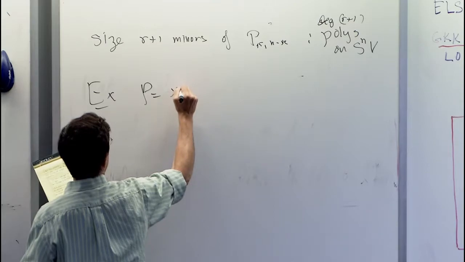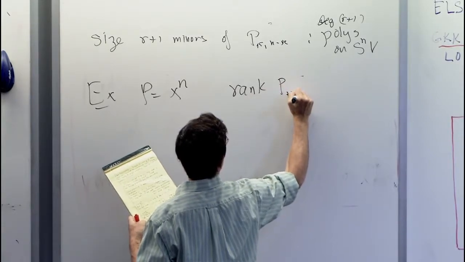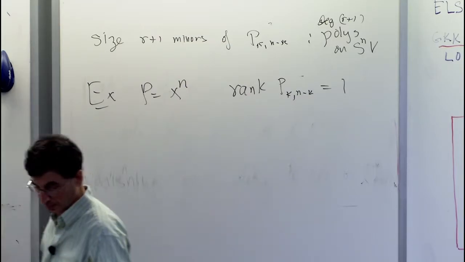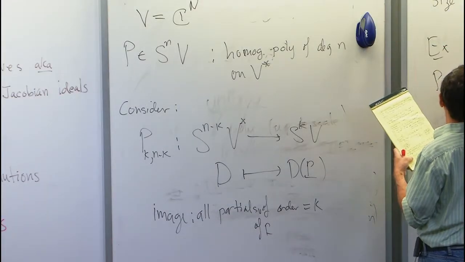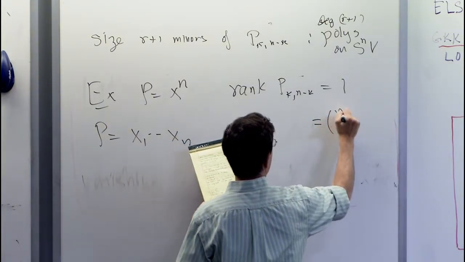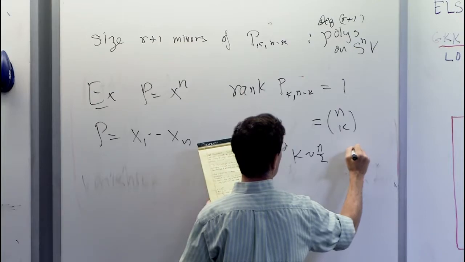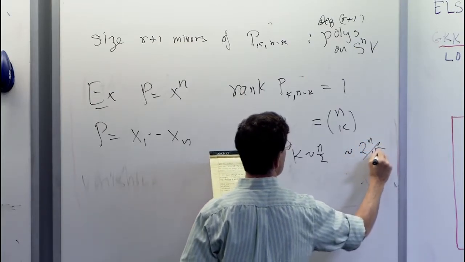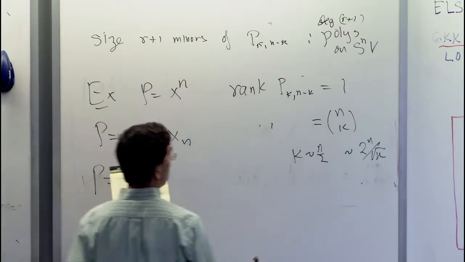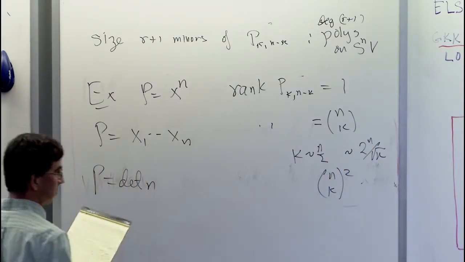If p is just x to the n, what is r, the rank of this linear map? The rank of P_{k,n-k} is equal to 1. If p is a monomial, the rank is equal to n choose k. You get the most bang when you take k about n over 2. This is like 2 to the n over square root of n. When p is the determinant, we get n choose k squared, so 4 to the n, roughly.